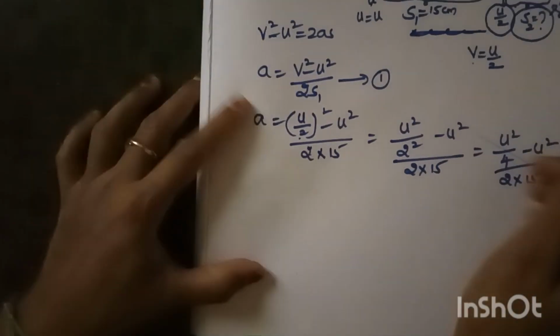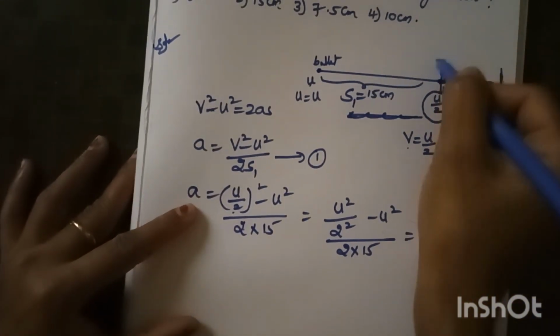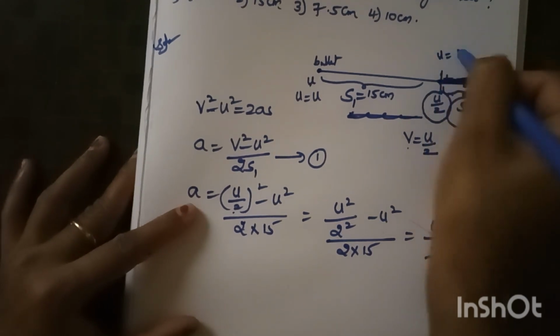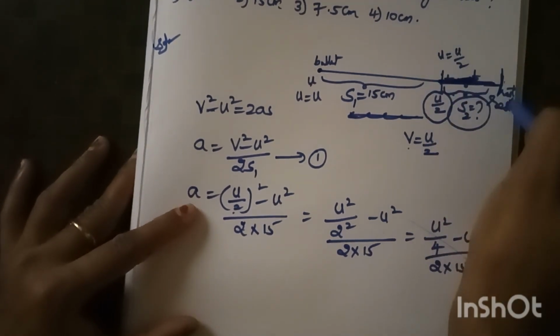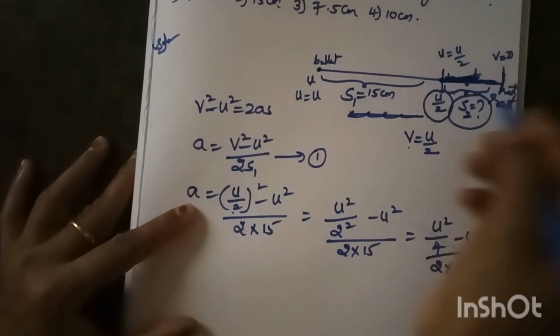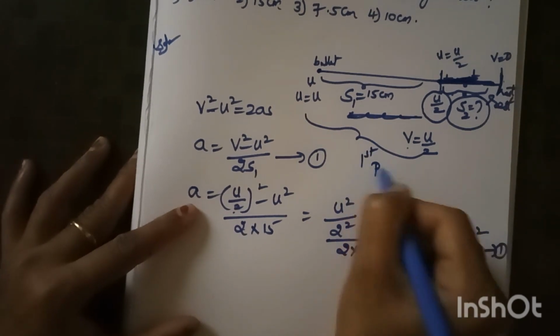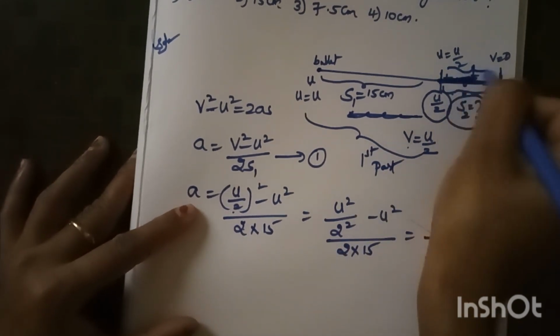After losing half of its velocity to rest, u becomes u by 2, and at rest the final velocity v equals 0 for the second part. This is the first part and this becomes the second part.